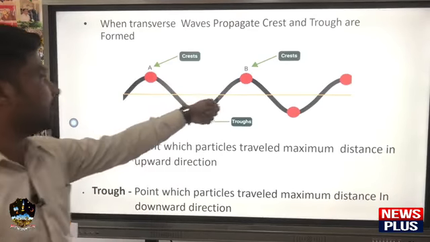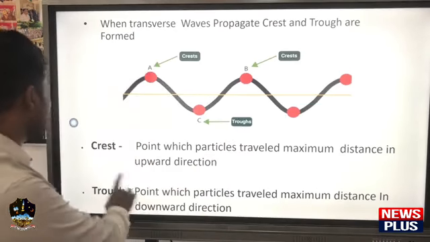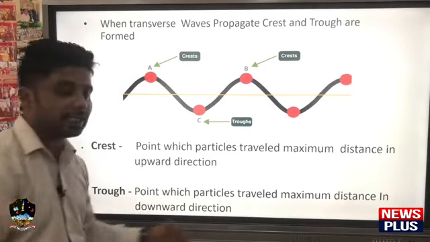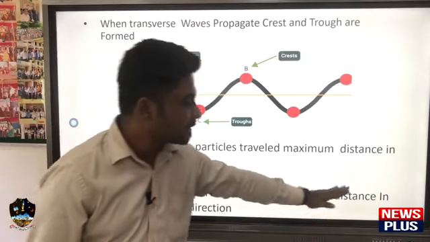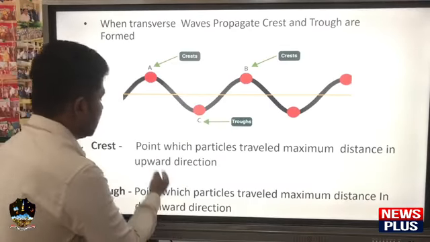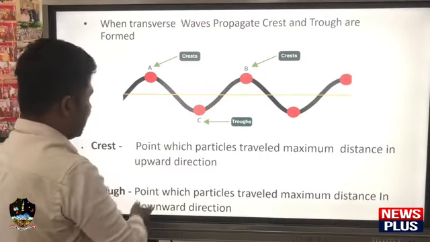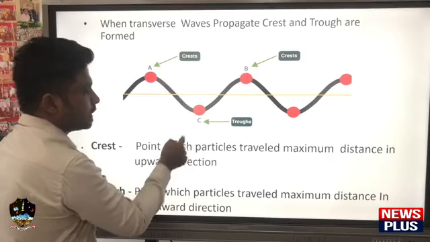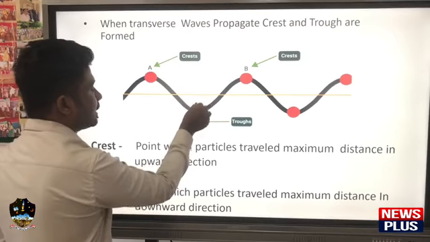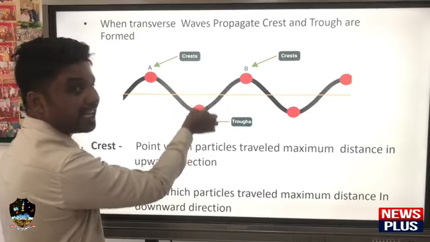The next point is the trough. Trough means thali, and what is a trough? The point where a particle has traveled the maximum distance downwards. The crest is upwards and the trough is downwards. See this point, this is the maximum point the wave particle travels.